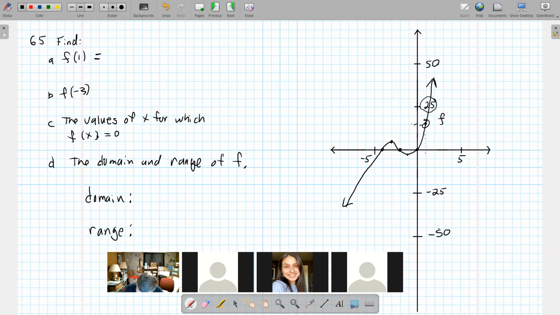Yes, each square is 5 units, so 5, 10, 15. Details, details, okay? Everybody all right with this? Yeah. All right, f of -3. Well, where is x -3? Right there. What's y? 5. Good.